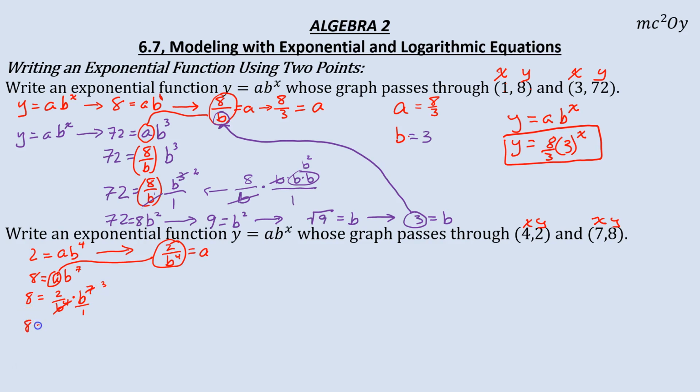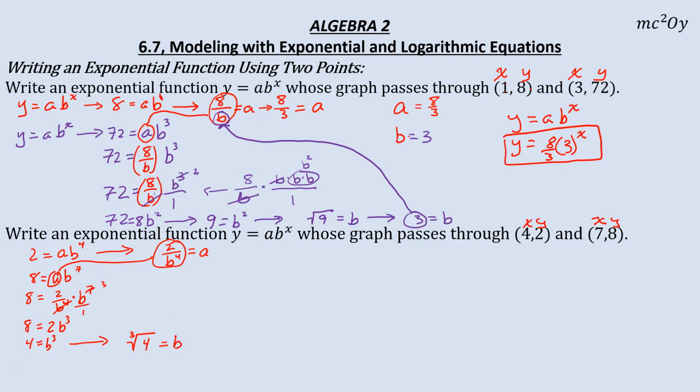Okay, so I have 8 equals 2b to the 3rd. I'm going to divide by 2. So I get 4 is equal to b to the 3rd. Then I'm going to take the cubed root. Okay, so that means the cubed root of 4 is equal to b.